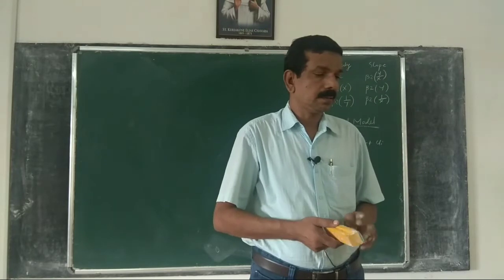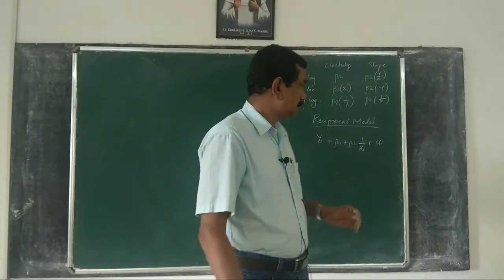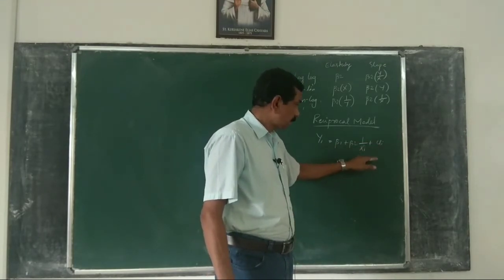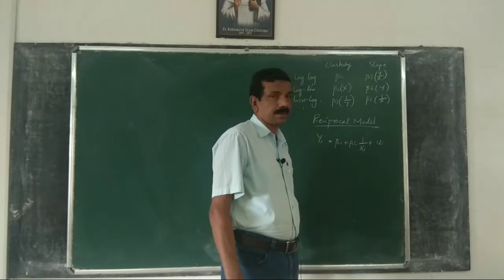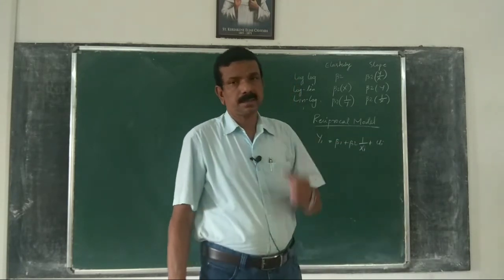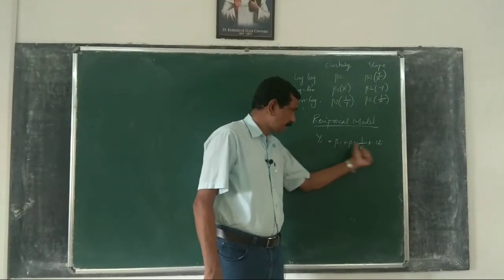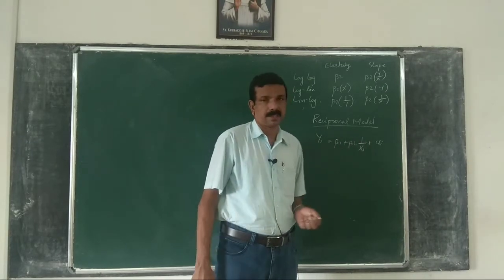And as you can see, this is a model which is non-linear in x because x appears as 1 by x, not as x, but it is linear in parameters. So you can estimate this model. If you have data on y and x, your dependent variable is y, the independent variable is 1 by x.